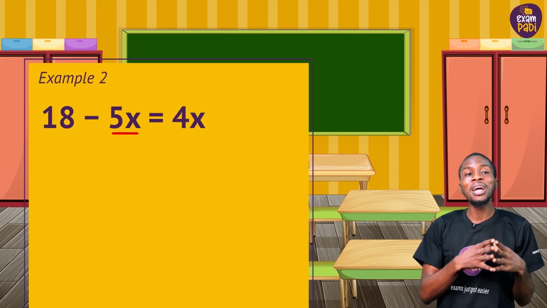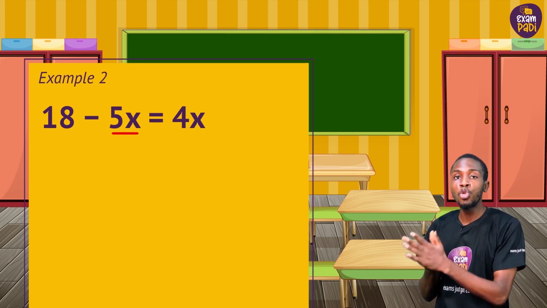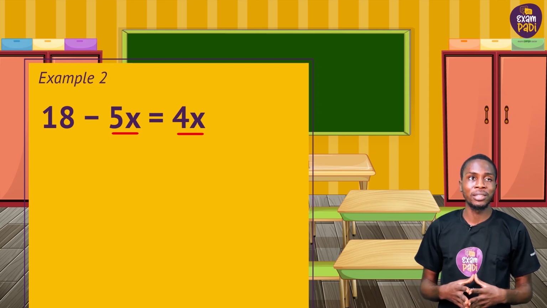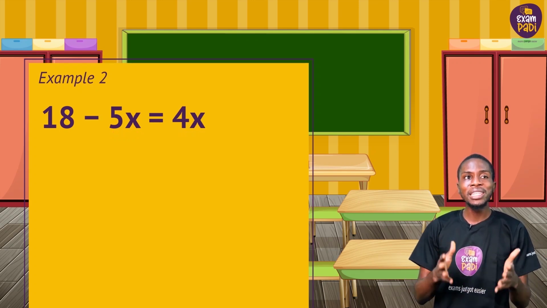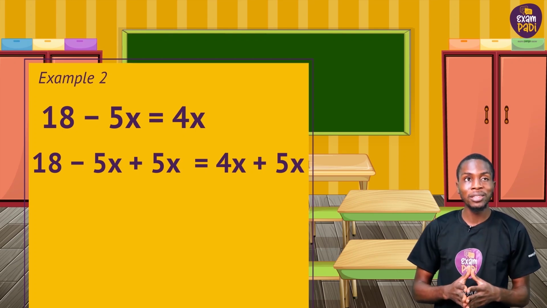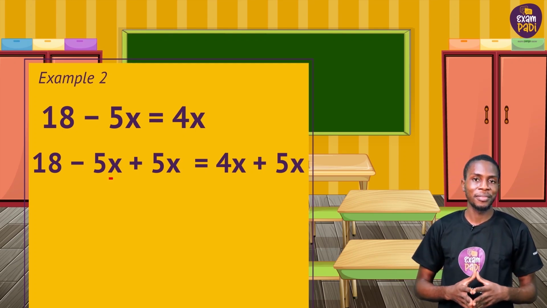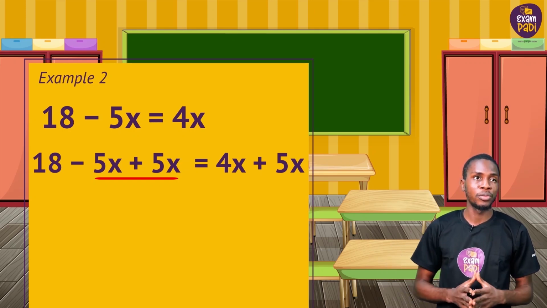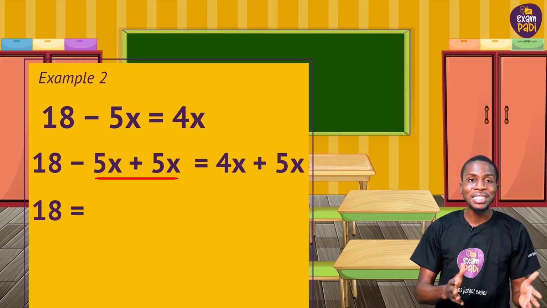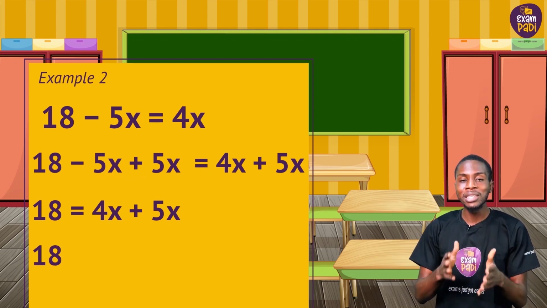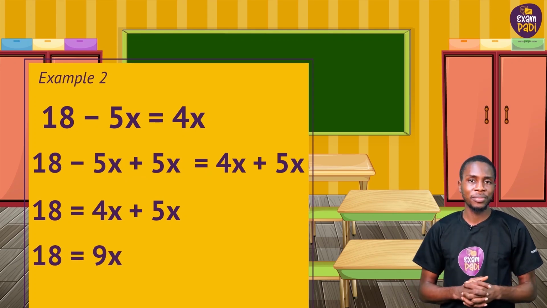That is, the term carrying the variable should go to meet the term carrying the variable at the right-hand side. Here we have 18 minus 5x plus 5x equals 4x plus 5x. Minus 5x plus 5x will give us 0. Therefore, we are left with 18 equals 4x plus 5x, which is 18 equals 9x.